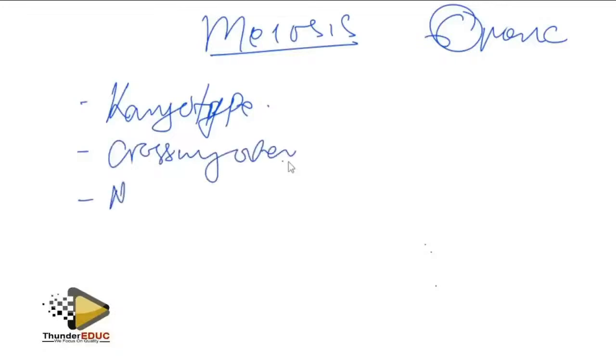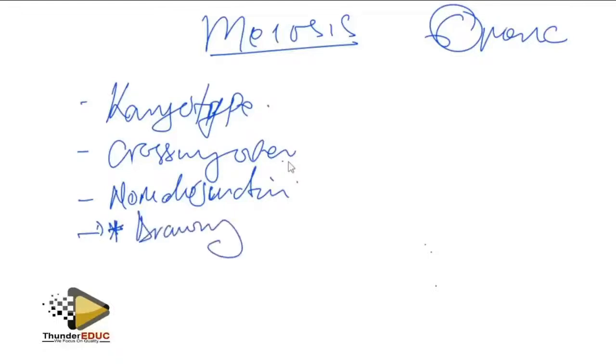You need to know how to describe non-disjunction. This one is a star, it is a drawing: the phase before, the phase after, the phase at this side. So you have to know that.